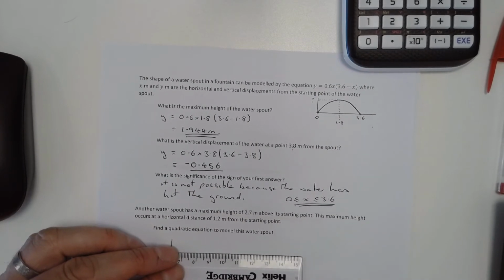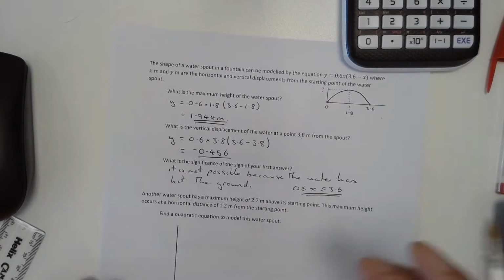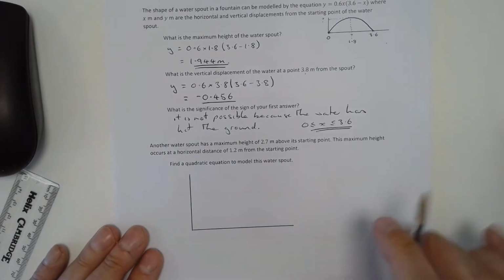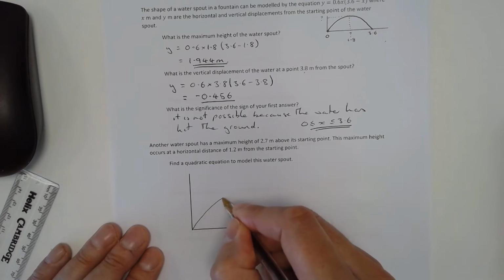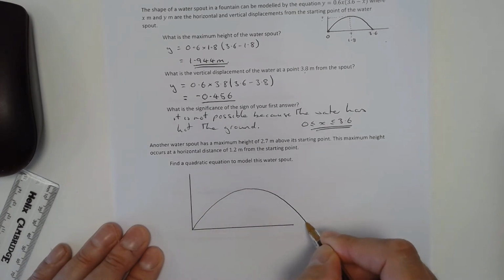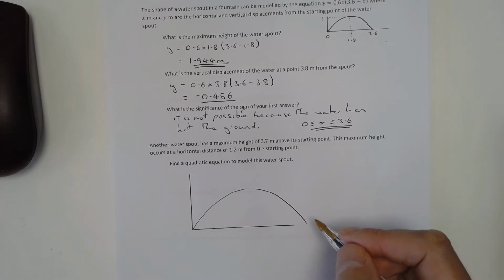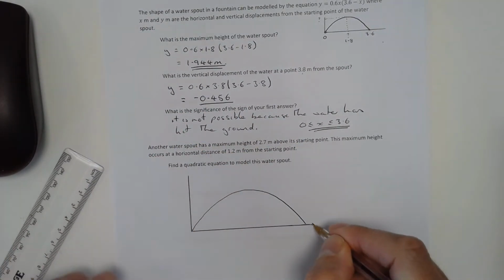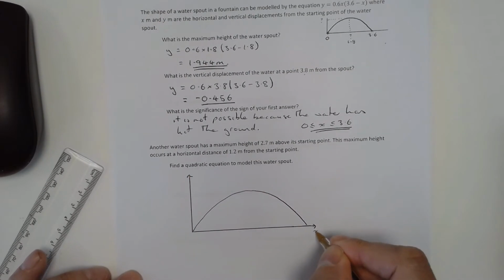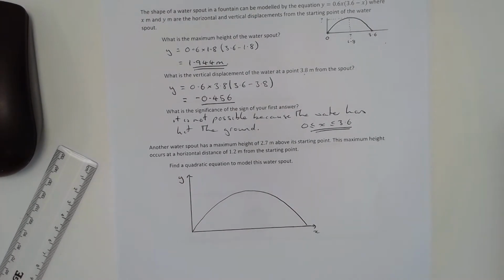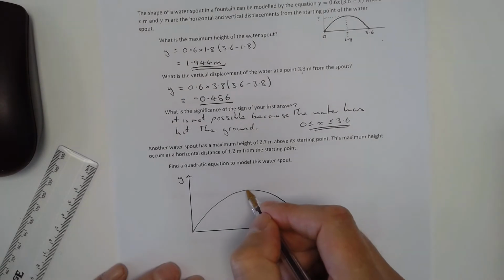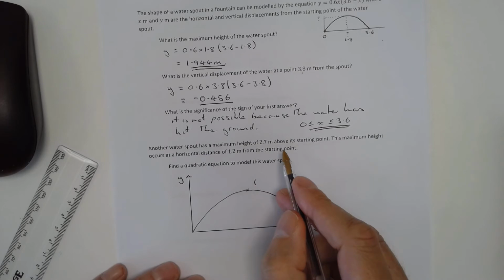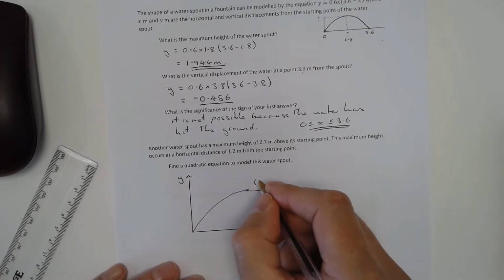So we have our water spout, which looks something like that, and I'm told that this maximum point here has a maximum height of 2.7 and occurs a horizontal distance of 1.2.